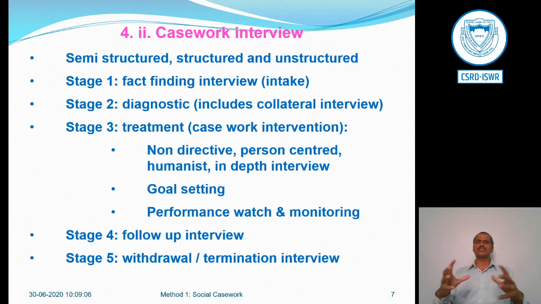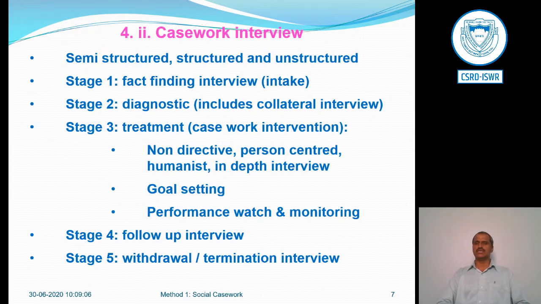Generally, the semi-structured interview is used. In semi-structured, some questions are given in the format and answers may be open-ended. Additional questions may be asked relevant to the previous questions. So some basic structure will be there, but additional questions are added.